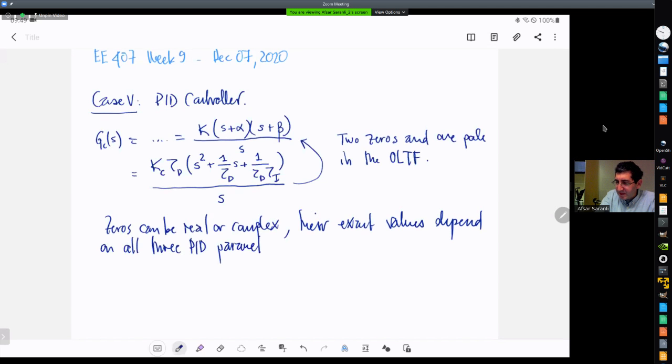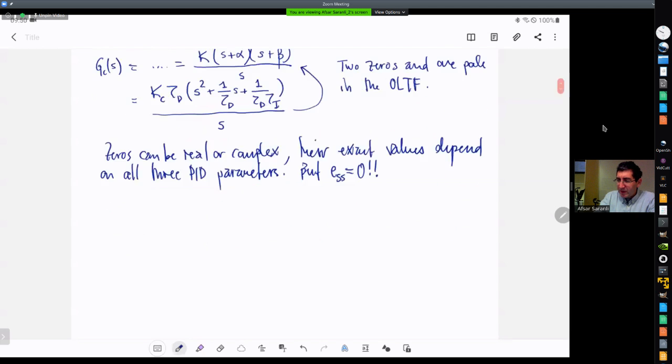So in fact the design process becomes rather complex. Or the exact design, the determination of Kc, tau d and tau I, now becomes much more complex than we had before, but at least we know that we can achieve zero steady state. Okay, so that's one of the givens of the PID controller.